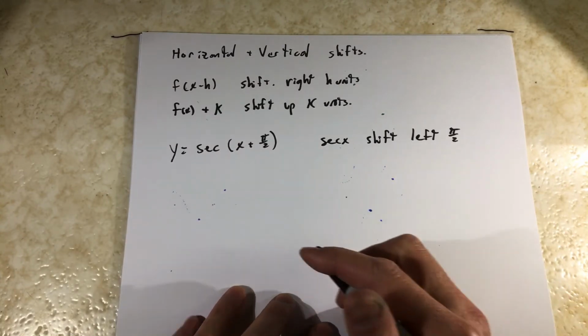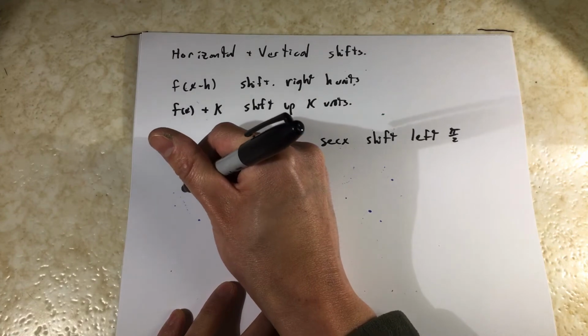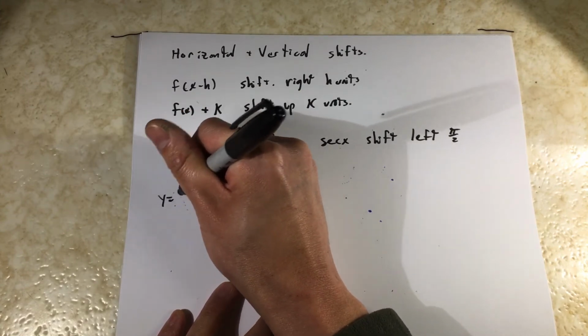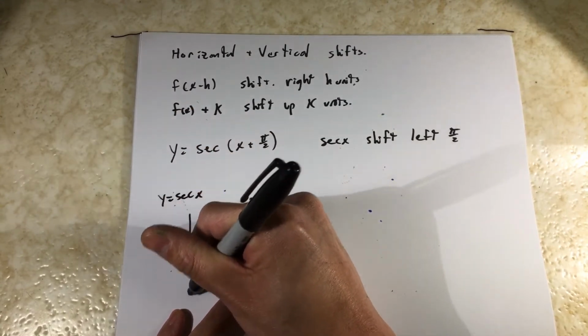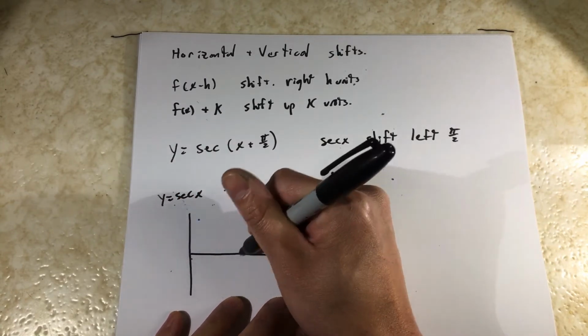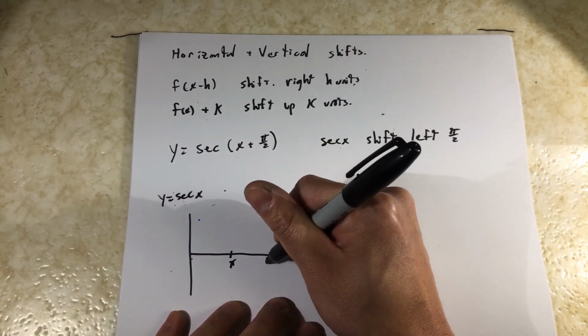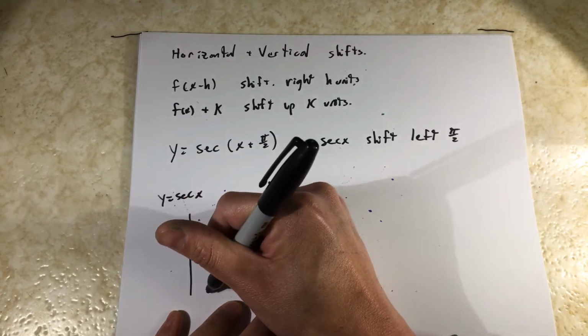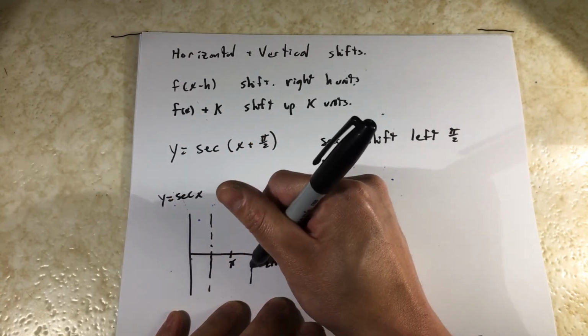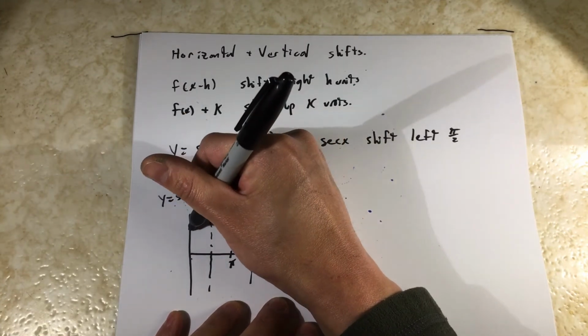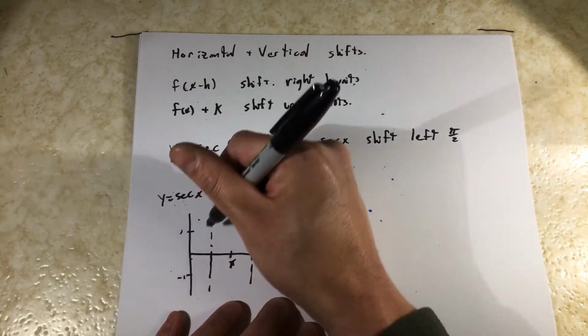All right. So I'm going to quickly draw the secant function to remind us. So the secant function, pi, 2 pi, we have a vertical asymptote, and then we have 1, minus 1.